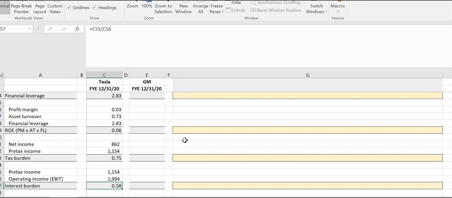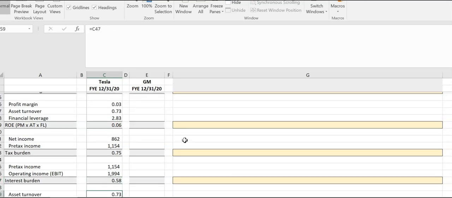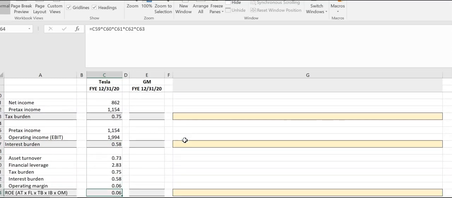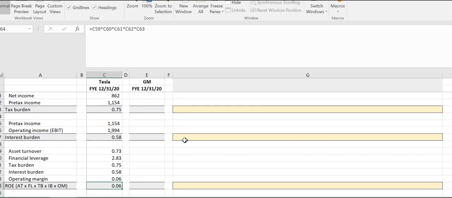So an estimate of the interest rate the company is paying is 1 minus 0.58. We can see that a very big portion of the company's operating income is going to cover interest expense. When we multiply these items all together, we get our ROE of 6%.